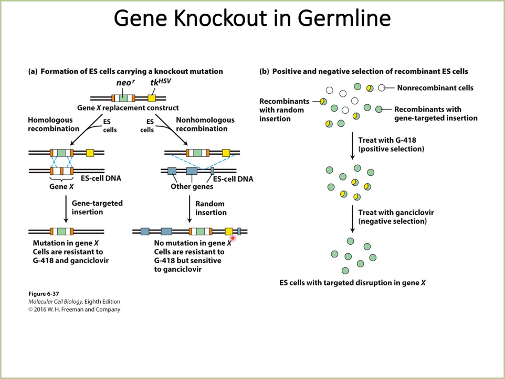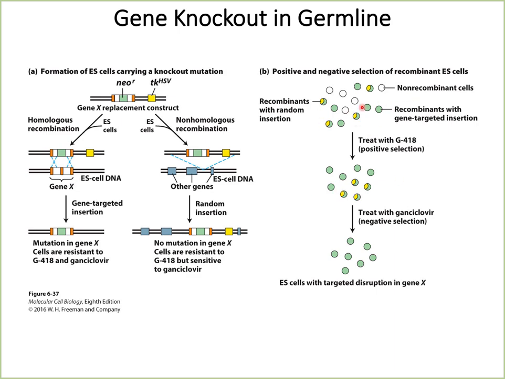If you have the thymidine kinase, it will be sensitive to ganciclovir and the cells will not grow. So if the cells grow in the presence of G418 and ganciclovir, you can specifically tell that only homologous recombination took place to do the targeted insertion into the gene of interest.